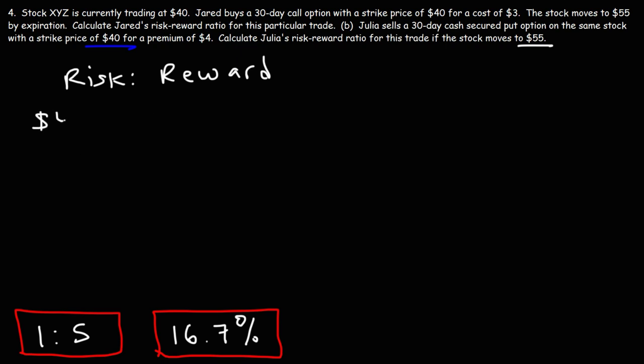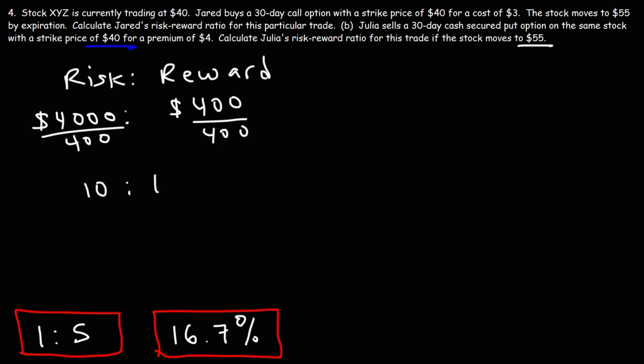So she has $4,000 at risk. Her reward is the collection of a premium of $4. So 4 times 100, her reward is $400. So if we divide both numbers by the smaller of the two, that is by 400, 4,000 divided by 400 is 10. So her risk-reward ratio is 10 to 1.